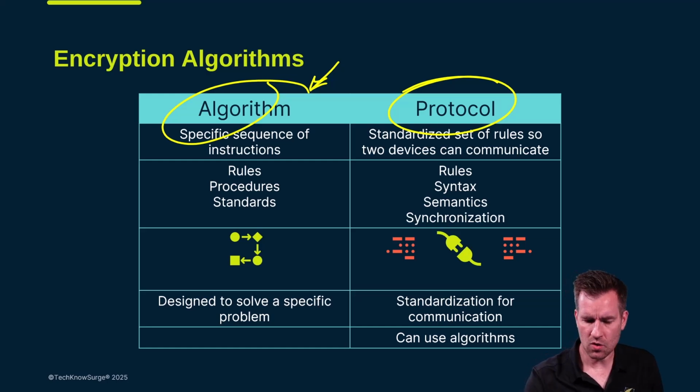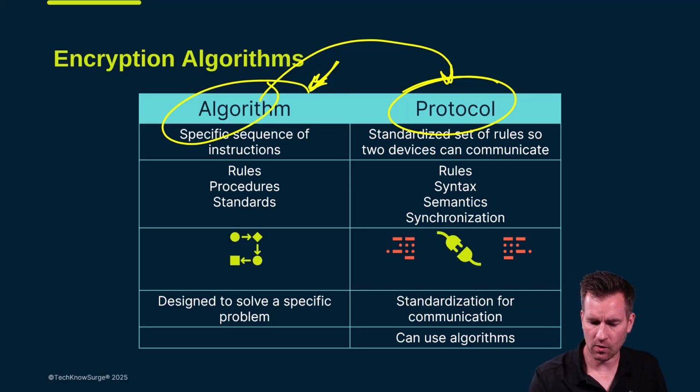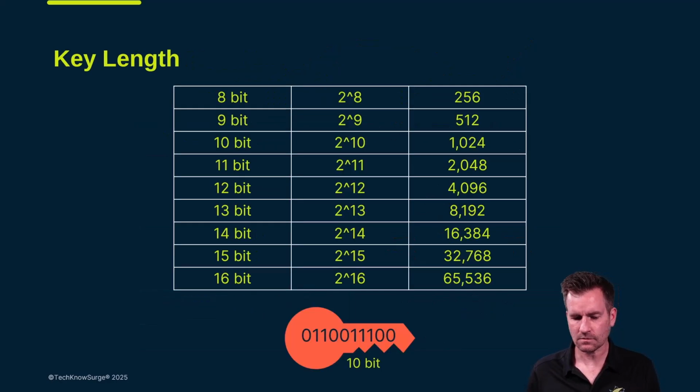We actually use an algorithm in a protocol because we need to send data back and forth securely, but we need to encrypt it first. So we'll use an algorithm inside of a protocol. In fact, protocols like TLS 1.3 and TLS 1.2 are different encryption protocols that we will use. We can actually choose which algorithm we're going to use to help encrypt that data. So algorithms are used inside these protocols.